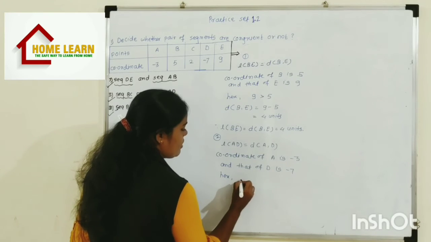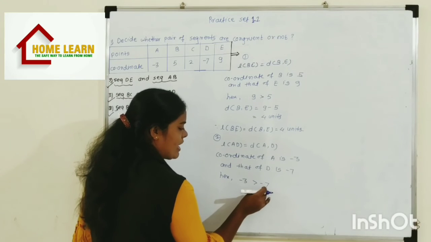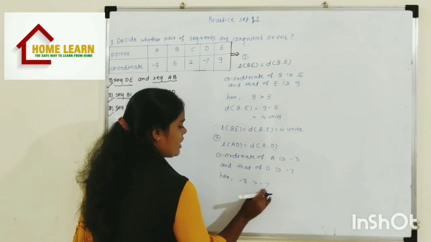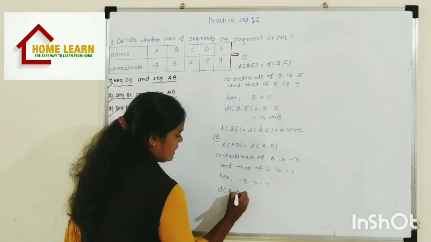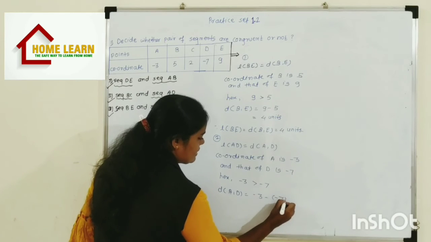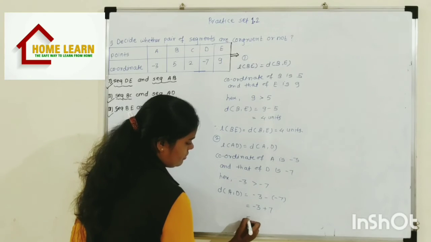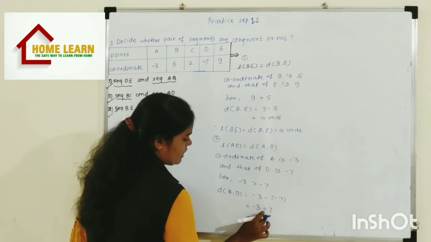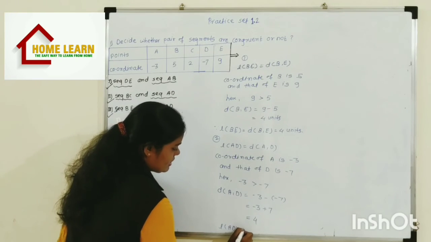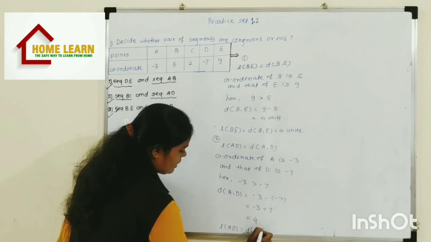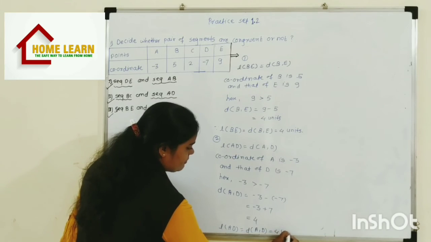Here -3 is greater than -7, as -3 is on the right hand side of -7. So -3 is greater and -7 is less. So right here the distance between point A and D is -3 minus -7. -3 as it is, this negative becomes positive, +7. -3 plus 7 together is 4. So right here the length of segment AD is equal to the distance between points A and D, which is 4 units.